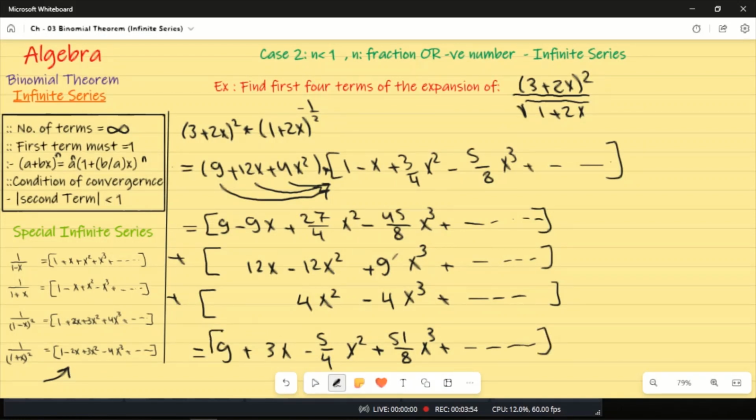So this is our expansion, and here is the first 4 terms of the expansion, but we missed the condition of convergence.